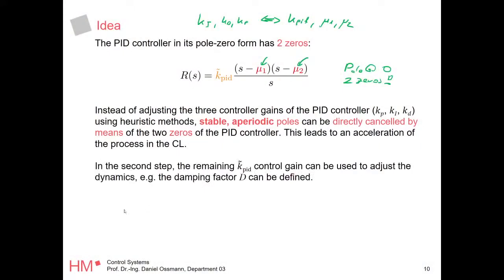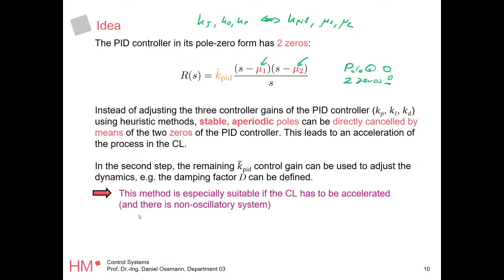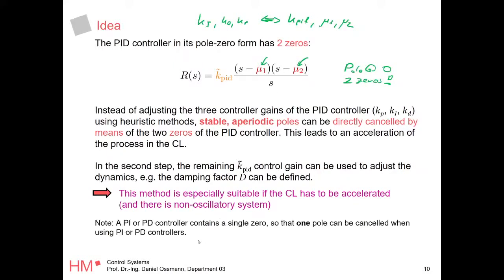That's it. So you take these two zeros and you cancel two slow poles in your system, and then you have a remaining gain here, which you can set, for example, we're going to often use it to set the damping of the system. And thereby, by this cancellation, we are actually accelerating the system.